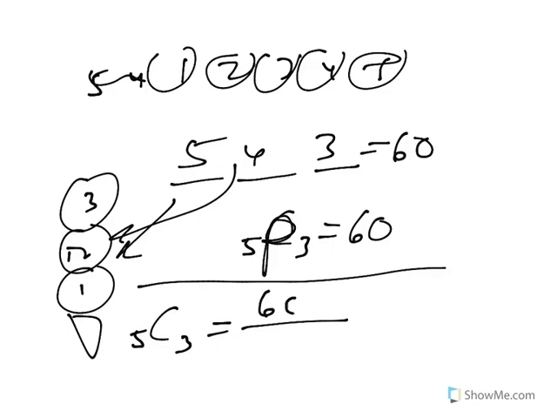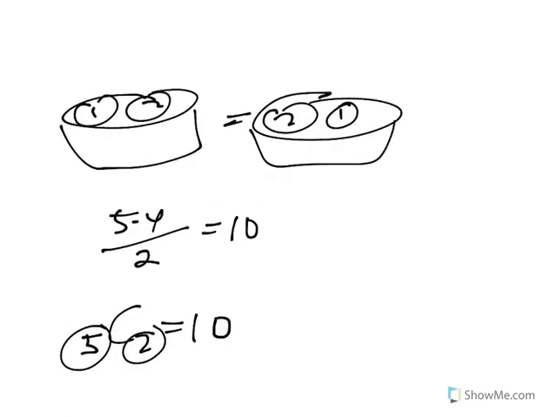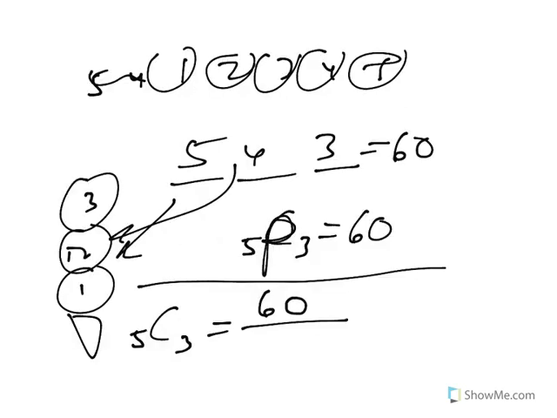5C3 for cups would be 60 divided by, it's a little tricky. When it was 2-scoop cones, I divided by 2. But for 3-scoop cups, I don't divide by 3. Instead, I'm going to divide by 6. Why 6?